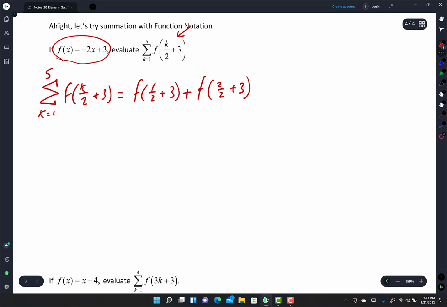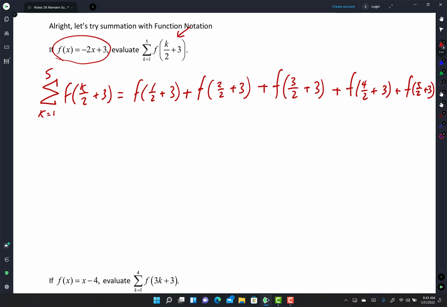I know that's a 1, guys, but I want to show all the work. Plus f of 3 over 2 plus 3 plus f of 4 over 2 plus 3 plus f of 5 over 2 plus 3, close. We're going to find out what those are.